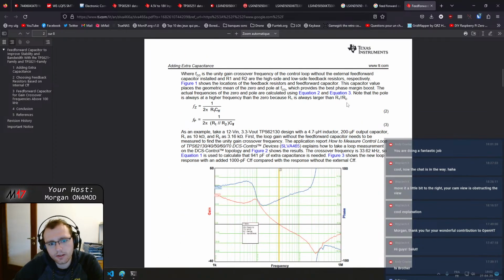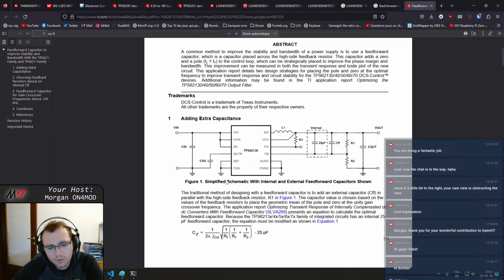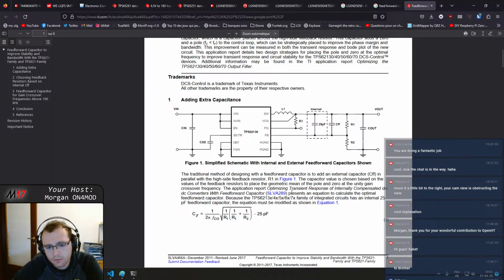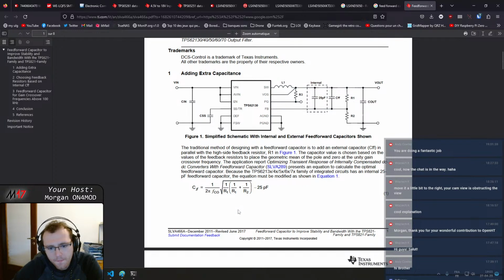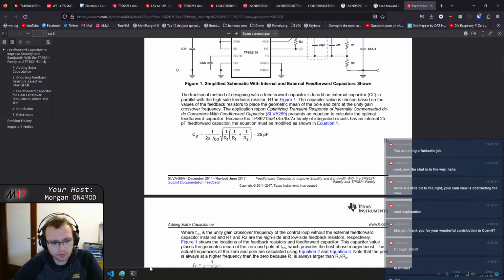Yeah, it's not the exact value that we use. Okay, if we use this equation, what value do we have?